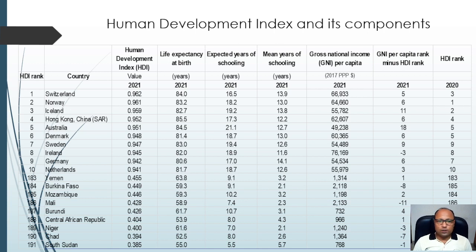Something that we already covered, so these are the top 10 and bottom 10 countries. Switzerland is at the top, followed by Norway, Iceland, Hong Kong, Australia, Denmark, Sweden, Ireland, Germany, and the Netherlands as the top 10 countries. If you look at their HDI values, 0.962 is the highest one. Let me show you.